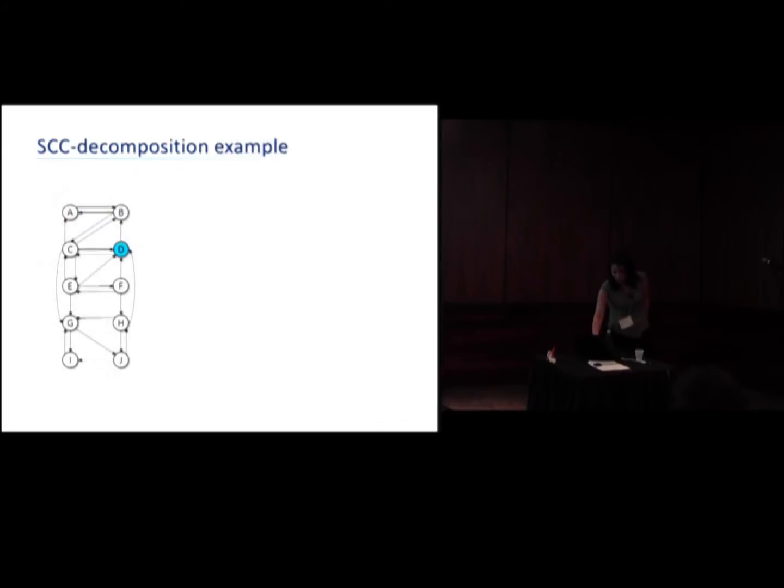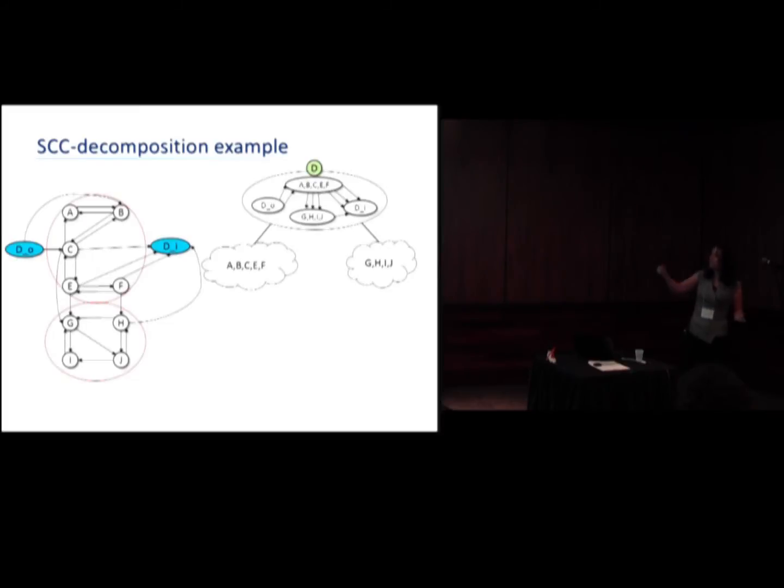So let's just see an example. If this is our graph, we pick an arbitrary node, say D. We remove it, compute the strongly connected components without that node, split it into D in and D out, and then continue recursively on each of the strongly connected components.